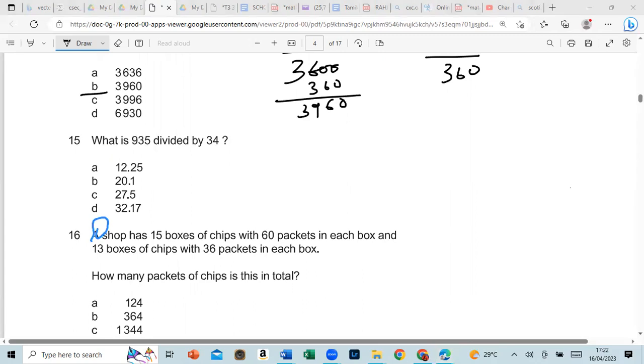C. What did you get, Luke? Kayla got 27.5. All right, what about the others? What did you guys get? I agree with her. Got the same thing. All right, Sarah got 27.5. It's correct.